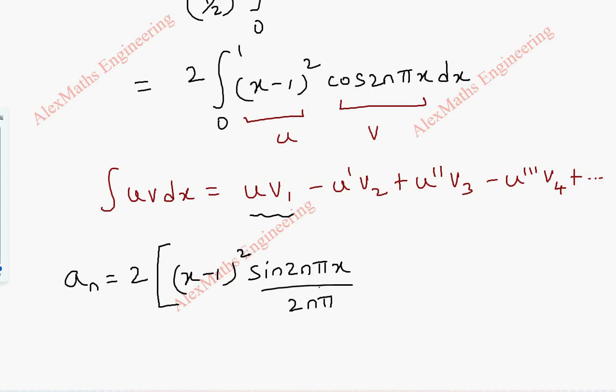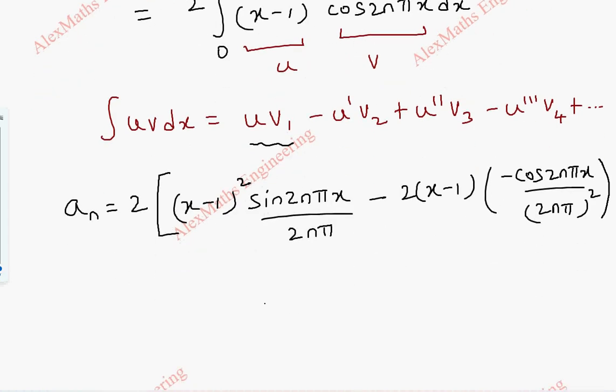We have to divide by the coefficient of x, minus u dash which is 2 into x minus 1, and integration of v1 will be minus cos 2n pi x by 2n pi, but already there is 2n pi, so it becomes 2n pi whole square.